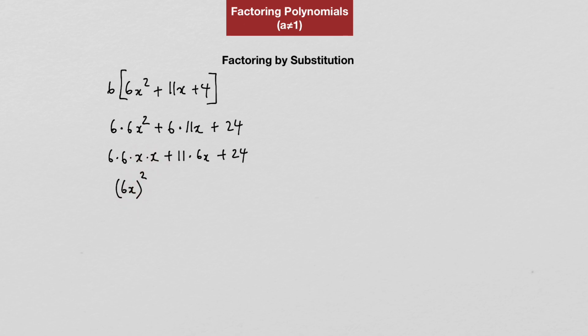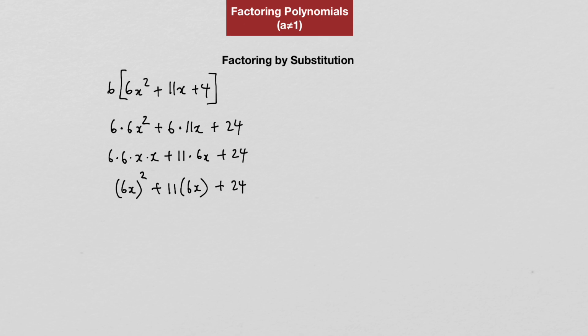So we're just rewriting this so that it looks different. However, it has the same value as this. And then for the second term, it's going to be plus 11, and I'm going to just put 6x in parentheses here for a second. And that's going to end with plus 24.